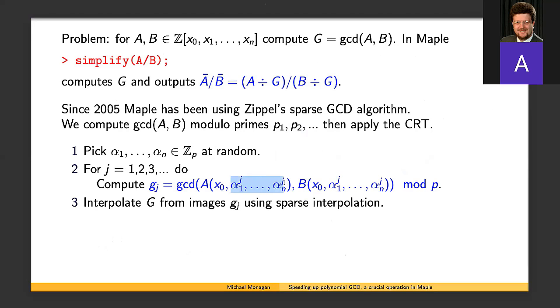When I evaluate, I'm evaluating at points over a finite field, so the computations are exact. The prime that I choose, I would like to be a machine prime, small enough so that the arithmetic can be done directly on the hardware, but it doesn't have to be. The conditioning question would come up if we were not starting over the integers, if we were starting with a GCD problem with floating point coefficients. Then one would have to do something else.